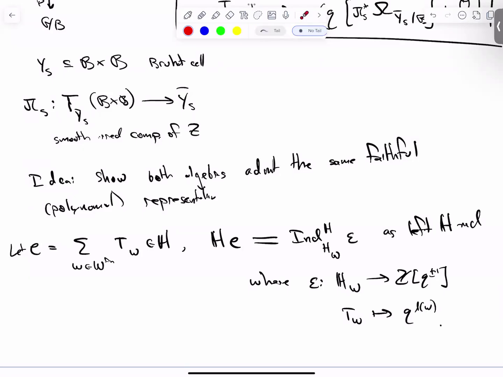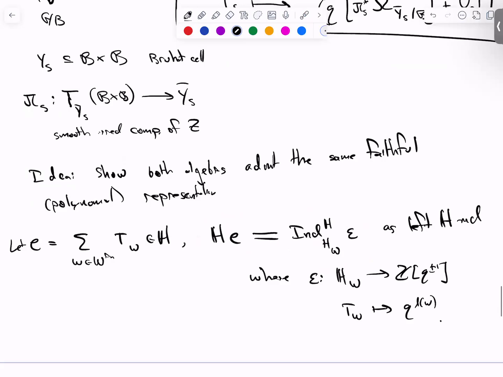Why this is important is, remember in the PBW basis, H was the tensor product of some polynomial part X and some finite part T. So what this is saying is you kill off all the T's and all that's remaining are the X's. That's why this HE is called a polynomial representation. Some people call it anti-spherical; I don't know why.